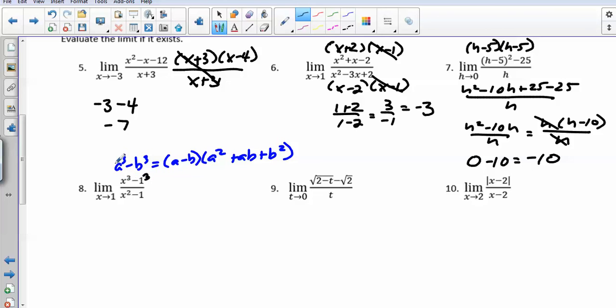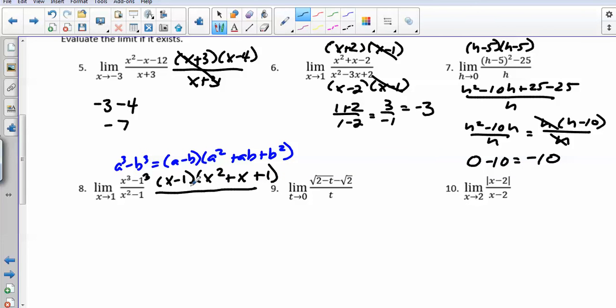So everywhere I have a, I'm going to put x, and everywhere I have b, I'm going to put 1. So this becomes x minus 1, x squared, plus 1x, which is just x, plus 1.